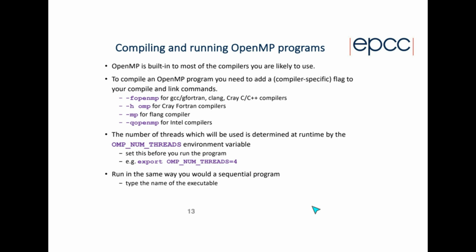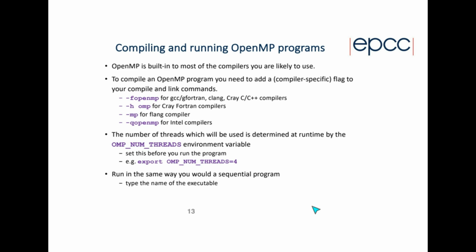And then, a sneak preview of another bit of the API, one of the environment variables. The number of threads which will be used by default for parallel regions is determined at runtime by the value of an environment variable called OMP_NUM_THREADS.